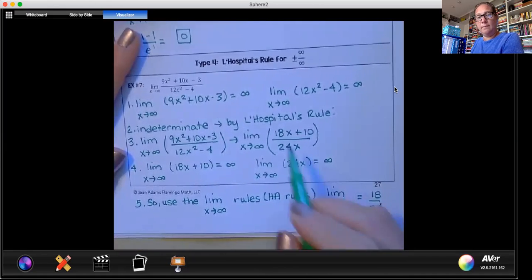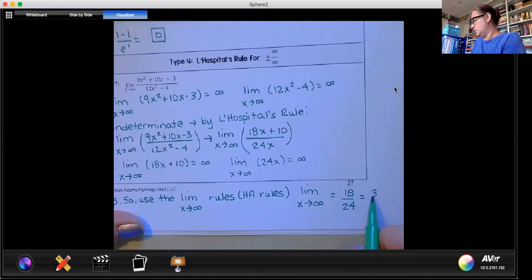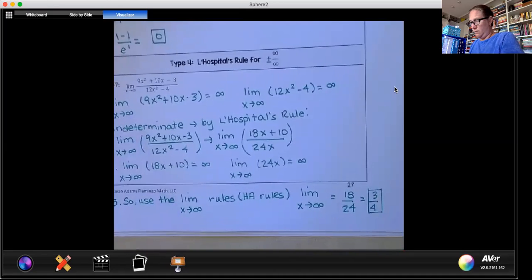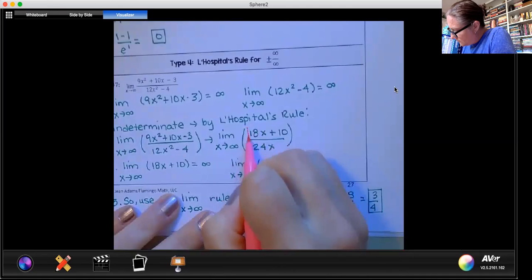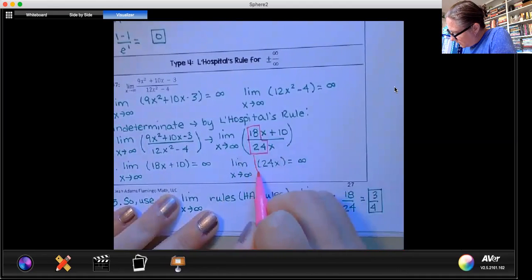Degrees are the same. So 18 over 24 is our limit, which reduces to 3 over 4. So I will circle that for you so that you see where those come from. And that's what goes there.